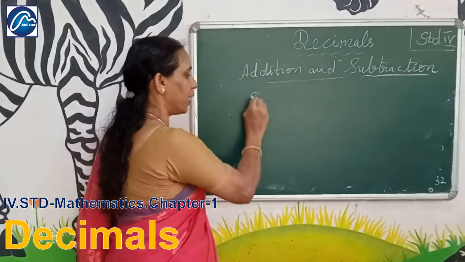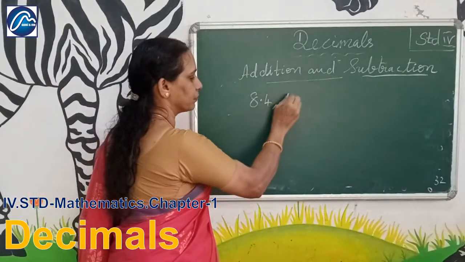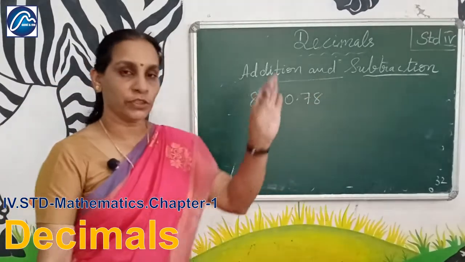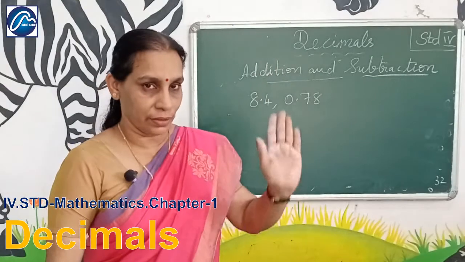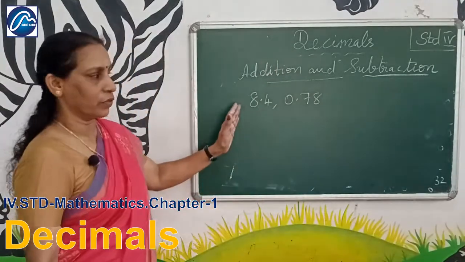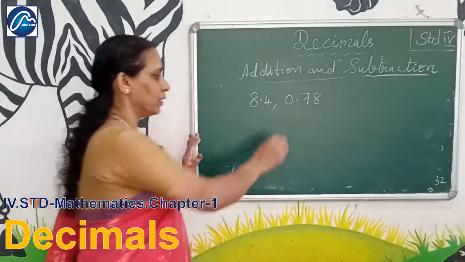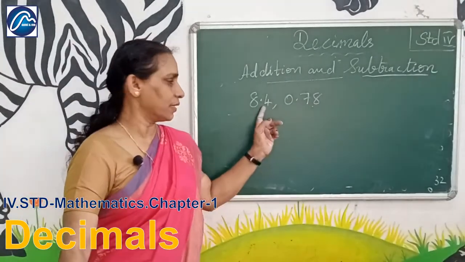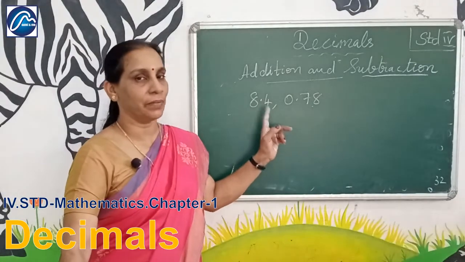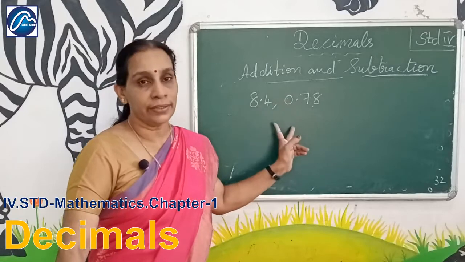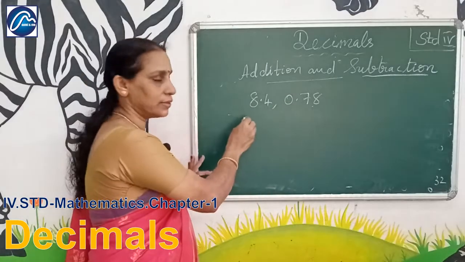You want to add decimals, decimal point should come in the same column. Okay, ഒരേ വരിയിൽ ഇത് വരണം. അപ്പോൾ നമുക്ക് നോക്കാം. ഇവിടെ 8.4 ആണ്, ഇത് 0.78 ആണ്. Here after decimal 2 places, here after decimal only 1 place. അപ്പോൾ ഇത് unlike decimals ആണ്. We have to make it into like decimals. How will you write like decimals?